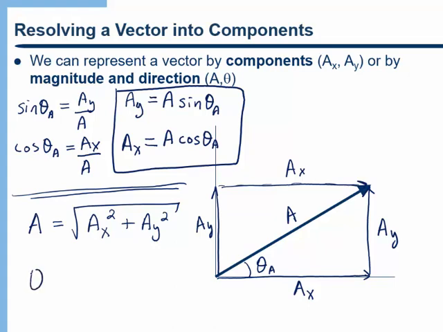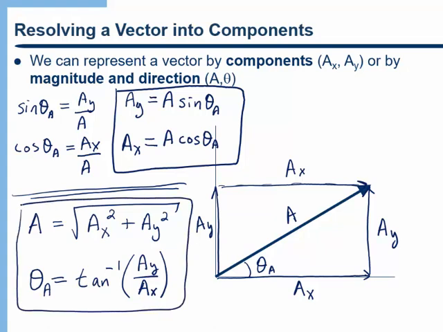You can also get the angle from the components directly by using the inverse tangent. The inverse tangent of ay over ax is theta a. Again, very important to be comfortable with those two formulas.